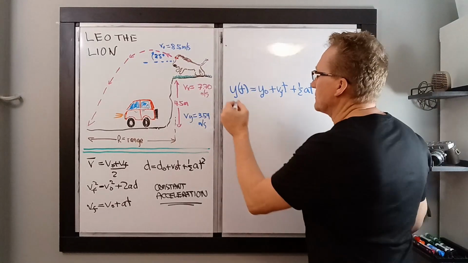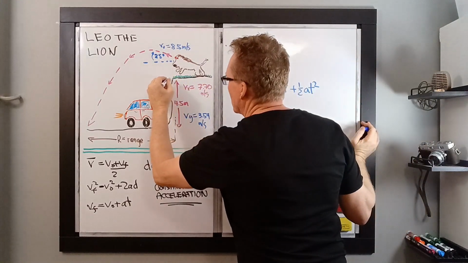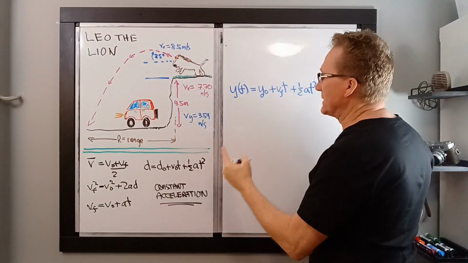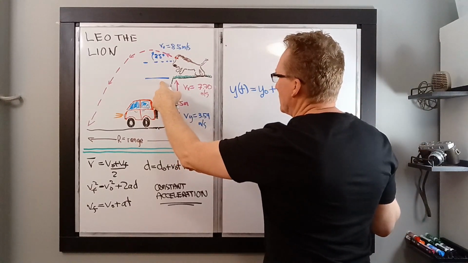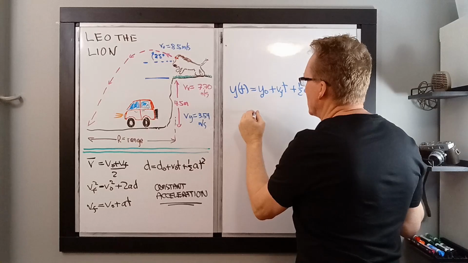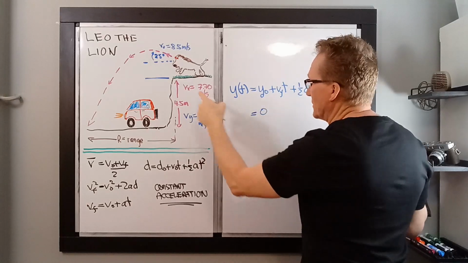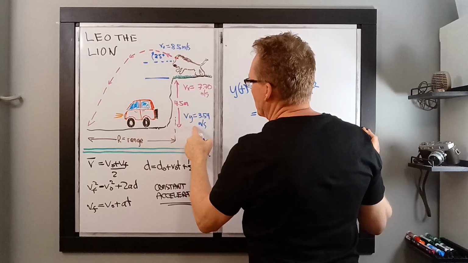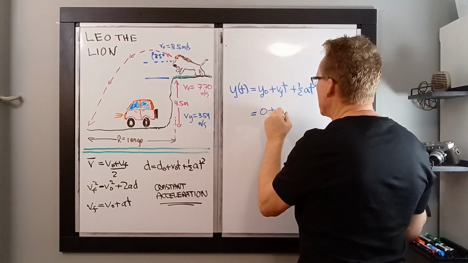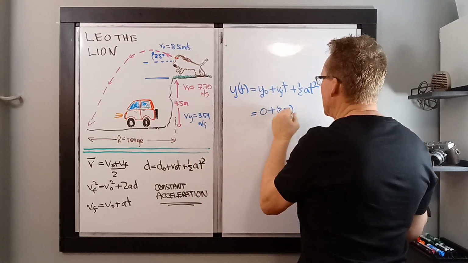Well, let's start with the orientation of Leo right up here. Let's start with him right there and go upward. The position with regard to here. We want to find out the position with regard to this. So the initial position here, we're just going to mark that as 0. And then his velocity here is going to be the y component right here, 3.59 times time.